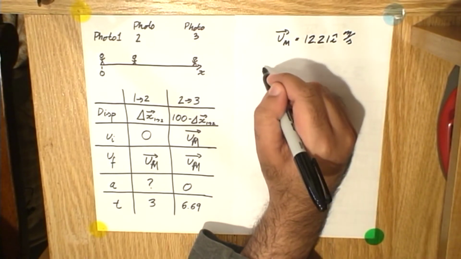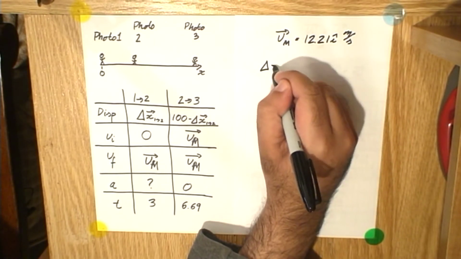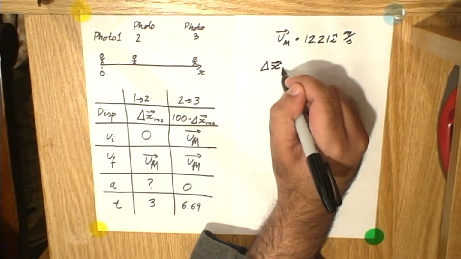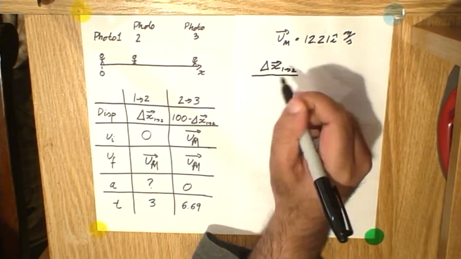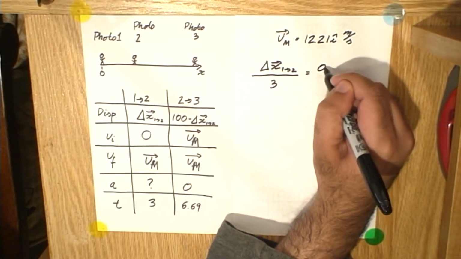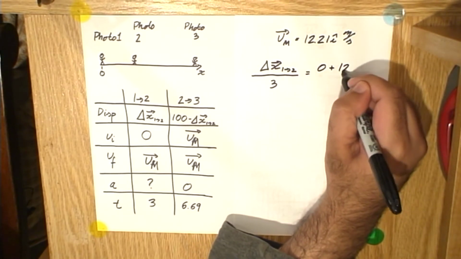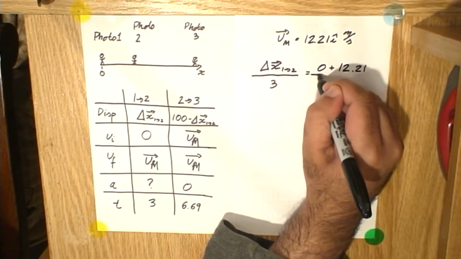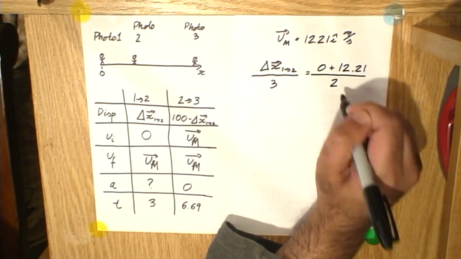We can now use toolbox equation number 3 to solve for that. Delta x 1 to 2 divided by time 3 is equal to initial velocity 0 plus final velocity 12.21 divided by 2.